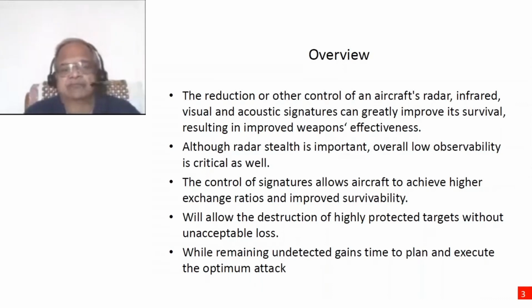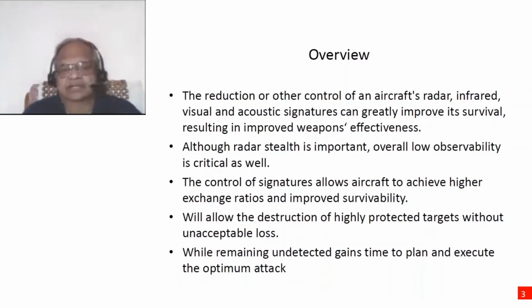in improved weapons effectiveness. In the sense that if you're going to send your country's bombers and everything else into the enemy territory to deliver bombs or missiles, and if your detection is late, then of course your effectiveness is better. So it's not only the survivability and safety of the aircraft, it also improves the effectiveness of what it's supposed to do.